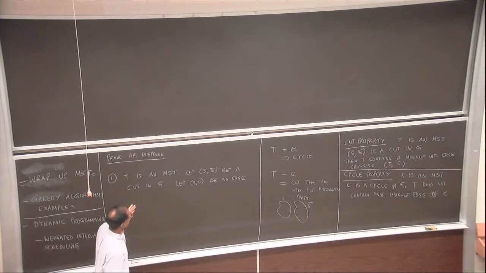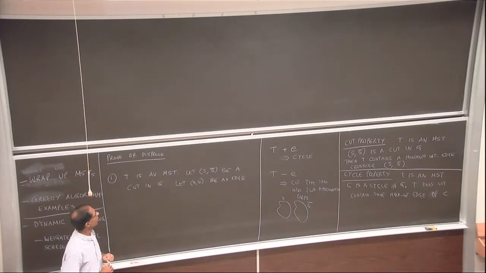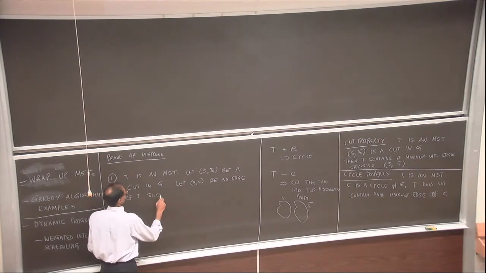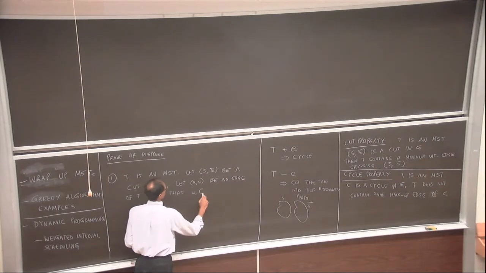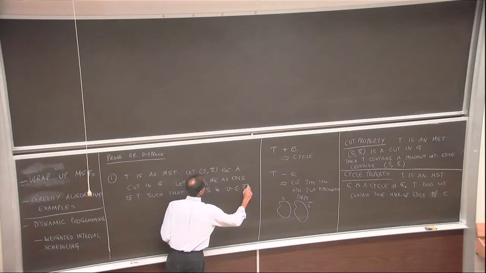T is a minimum spanning tree. S, S complement is a cut in G. Let UV be an edge of T such that U is in S and V is in S complement.